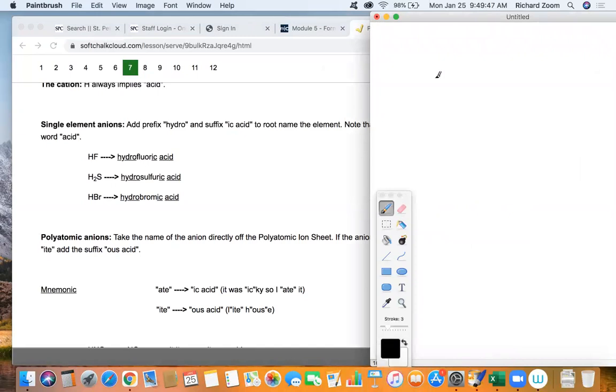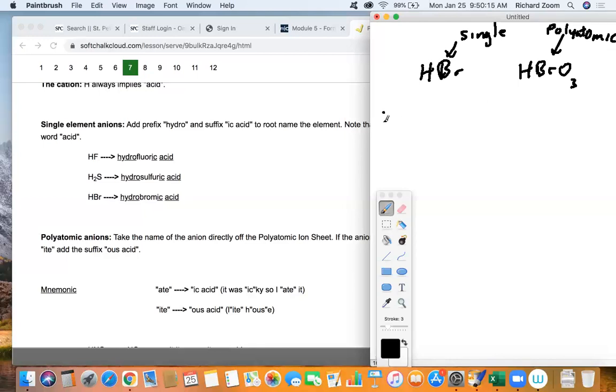I'm going to give you an example. Let's say you've got HBr, and over here we've got HBrO3. This one here is a single element, and this one here is polyatomic. Does anybody have any questions so far?